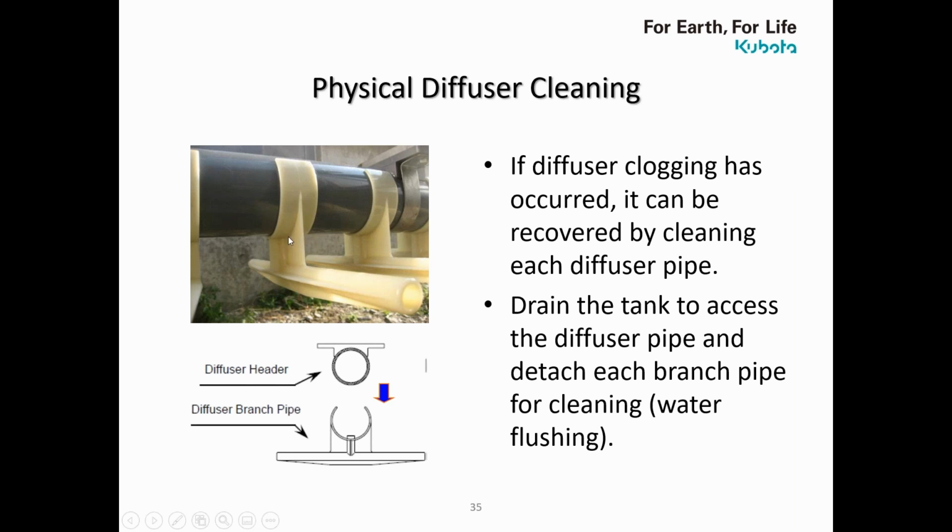Now these diffusers can be taken out. If your plant is newer than 2010, I believe most of your plants will have this detachable diffuser, so you can detach this and clean it, or you could have a little spray washer system that can wash inside this tube to clean those diffusers.